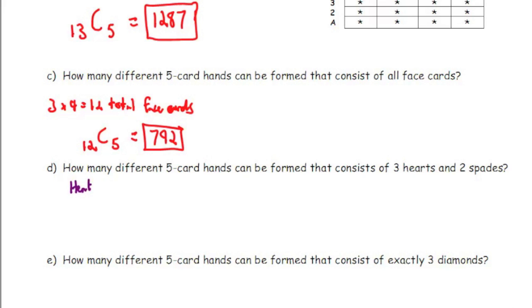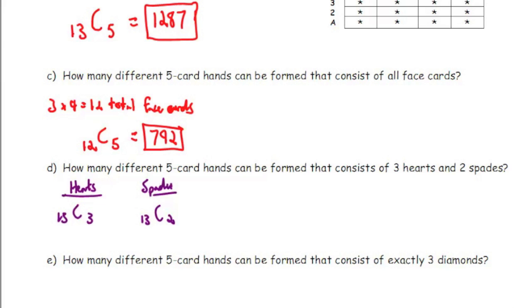How many different 5-card hands can be formed that consist of 3 hearts and 2 spades? Think back to a previous question we dealt with. You're going to have 2 situations. We're going to have the hearts. And in this case, we have 13 hearts, and we're trying to select 3.